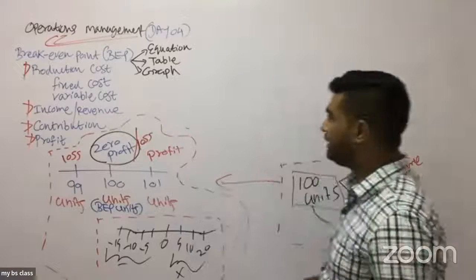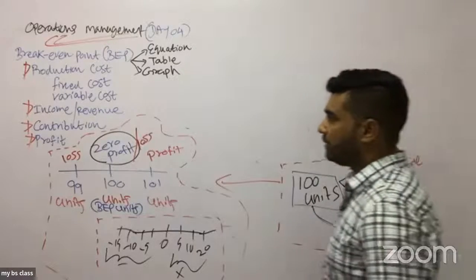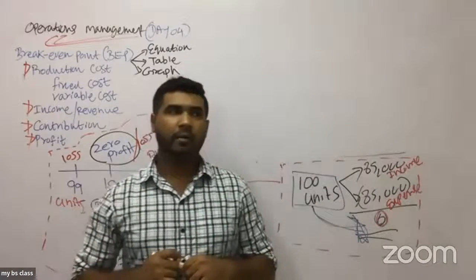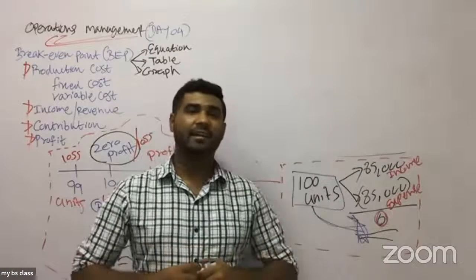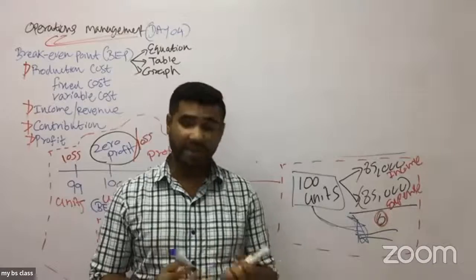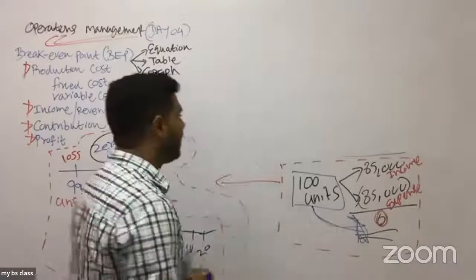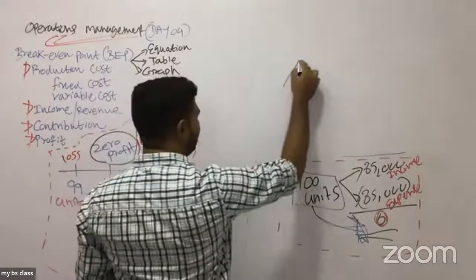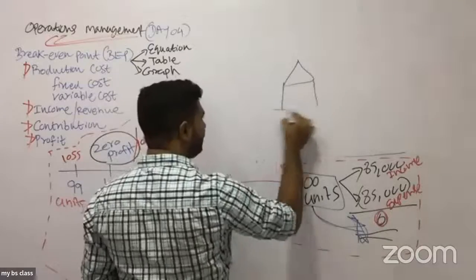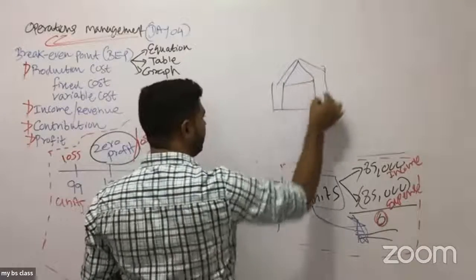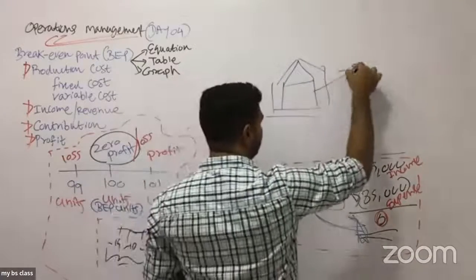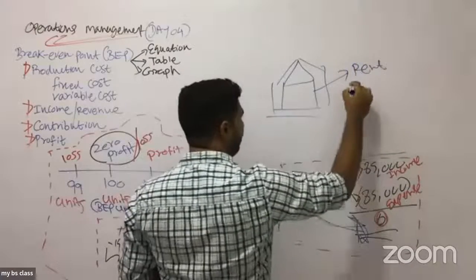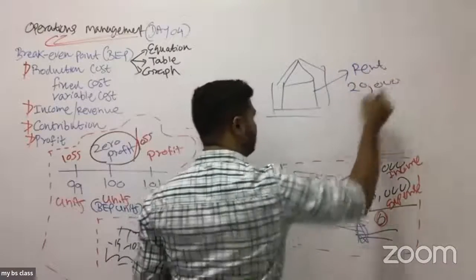For example, imagine I'm doing this class not at home but at a place taken on rent. Whether I do classes or not, I will have to pay a rent. Let's say rent of 20,000 per month.